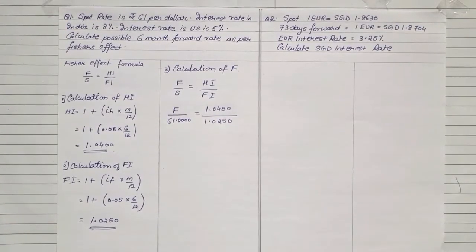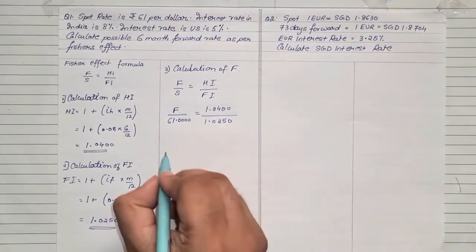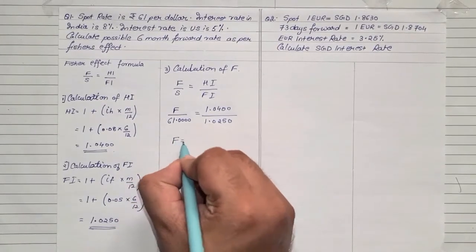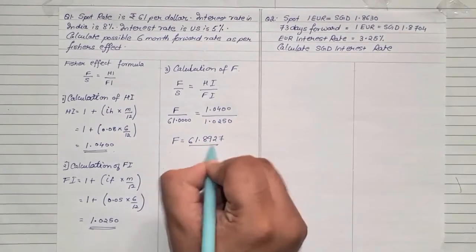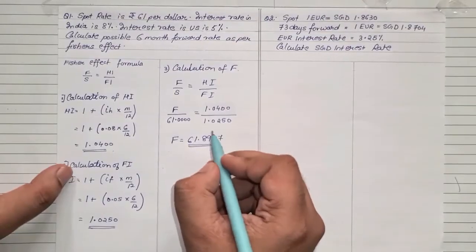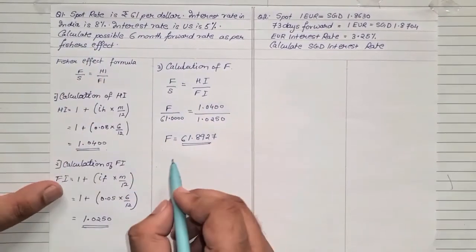Now we cross multiply: 61 into 1.0400 divided by 1.0250. We should get the final answer as 61.8927. So my forward rate is 61.8927.